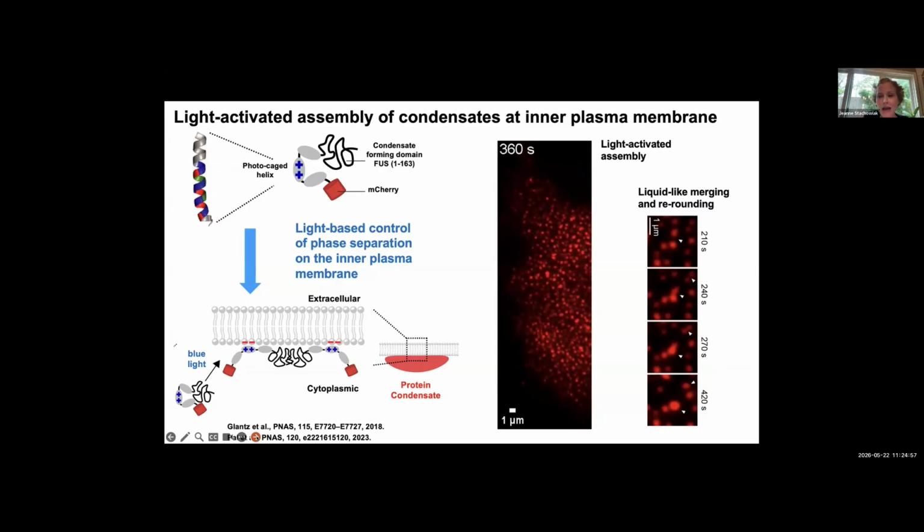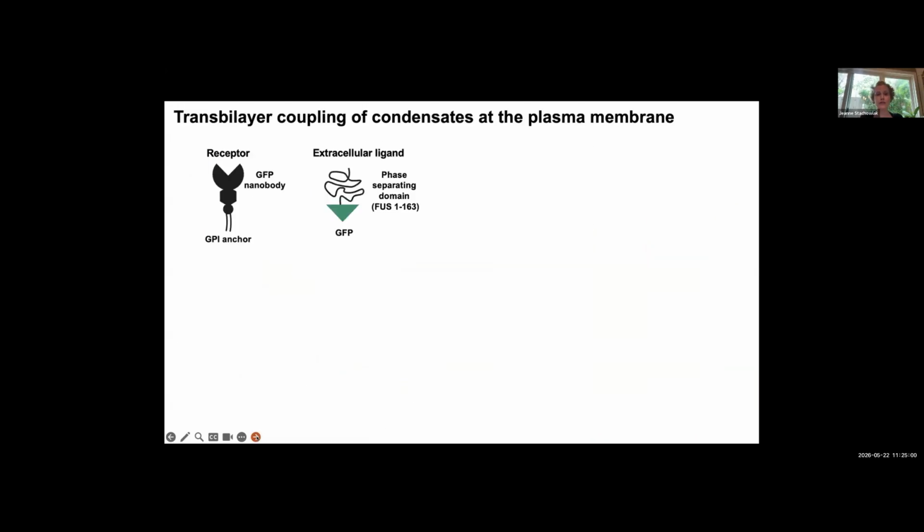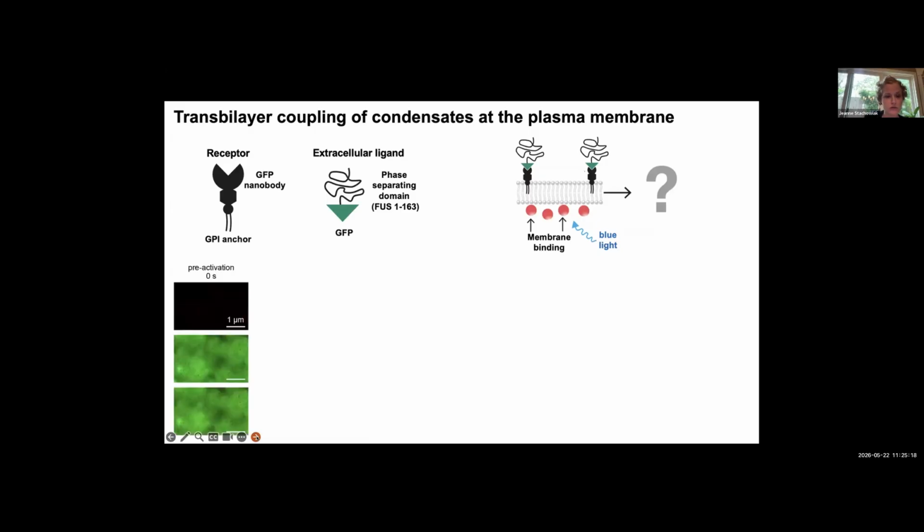condensates. Then on the outer surface of the membrane, what Johann did is he created a little lipid anchor that is GPI anchored that has a nanobody against GFP. And then he adds a ligand that has GFP tagged to an intrinsically disordered domain. So then when you turn on the blue light to form condensates on the inner surface of the membrane, you see what happens to the outer surface.